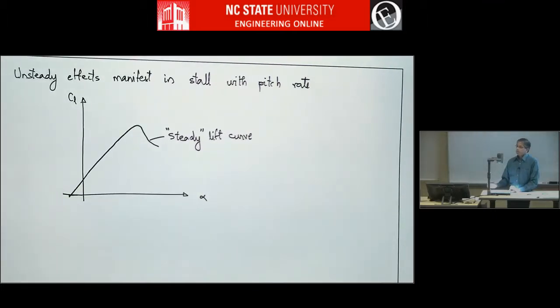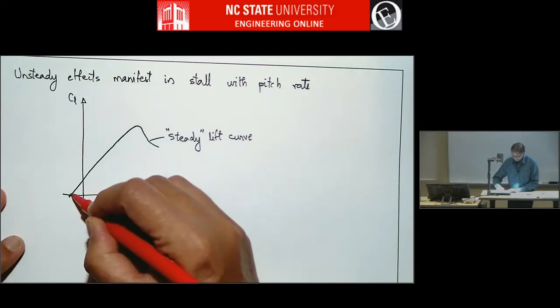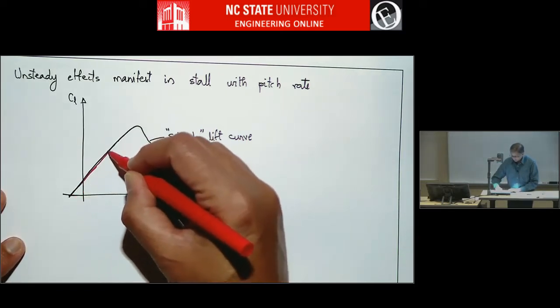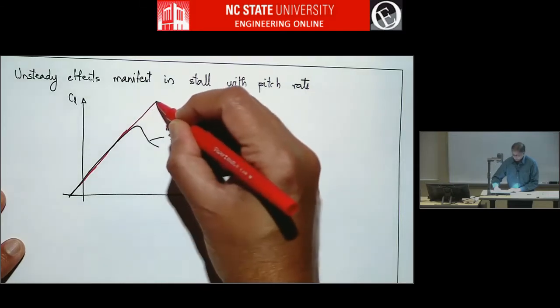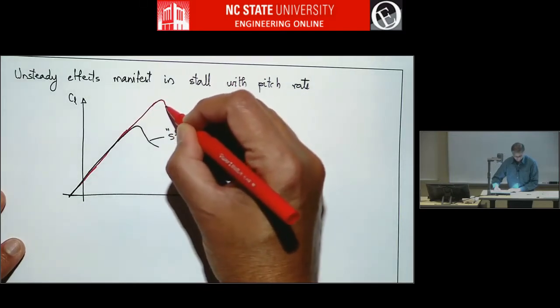But if you take the same airfoil and measure the lift coefficient while it is pitching, so you don't let it reach steady state at every angle of attack, you just pitch at some good rate and keep measuring the lift as it is pitching up, then you get a curve that looks like this. It'll follow this curve, but then it won't stall. It'll go to a much higher angle of attack and lift coefficient before it stalls.